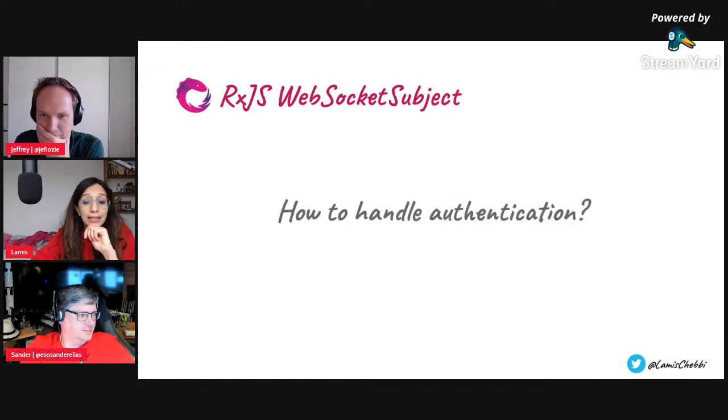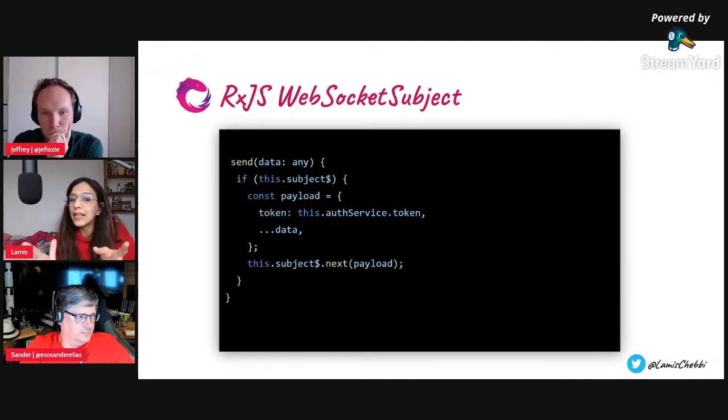Now, how to handle authentication? This is a frequently asked question for me: how to handle authentication when you're working with WebSockets. Well, you can do the same as HTTP.